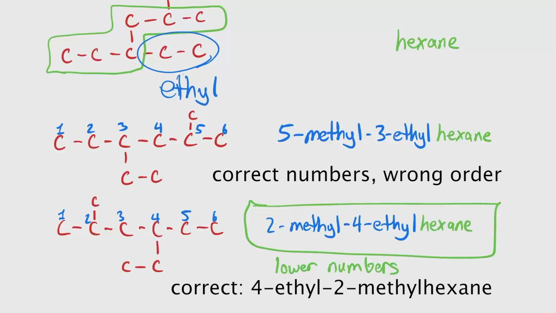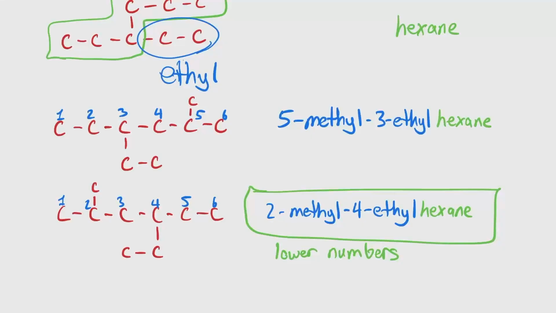Alcohols use the same numbering system that we're using here, but the number would go before the -ol at the end.